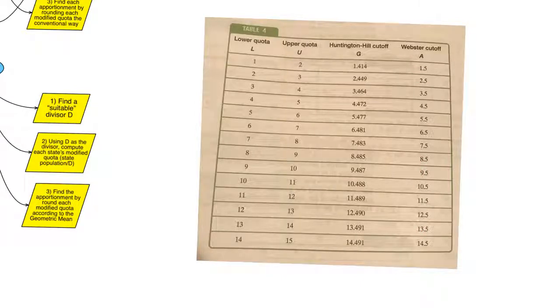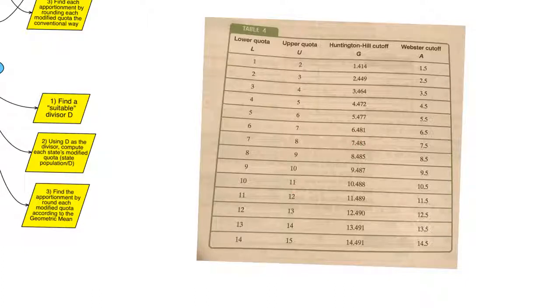And you know that when it comes to the Webster cutoff, if you have anything from 1.5 or above, you're going to round it up to the upper quota. If you have anything less than 1.5, you're going to round it down to the lower quota. Well, here are the various geometric means of these consecutive integers, and this is the cutoff point.